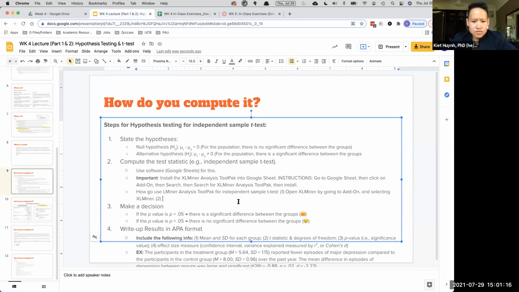Two, for variable one range, highlight or select the X values for group one, and click on the variable one range. Okay.